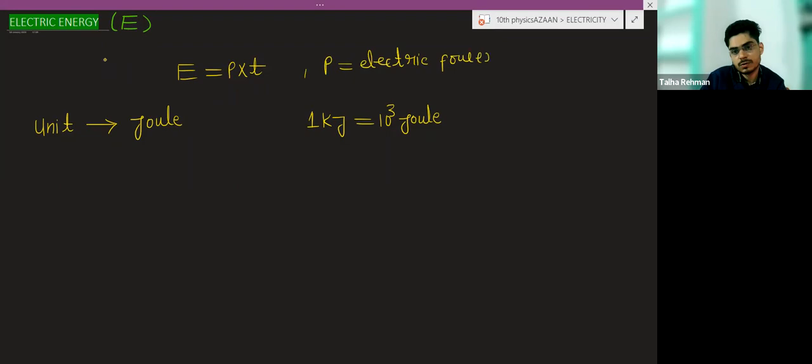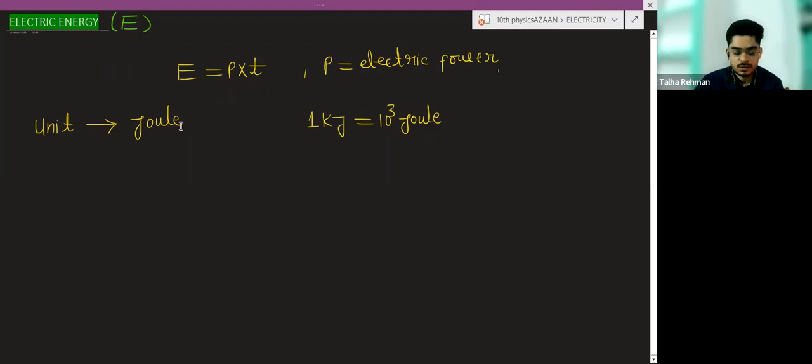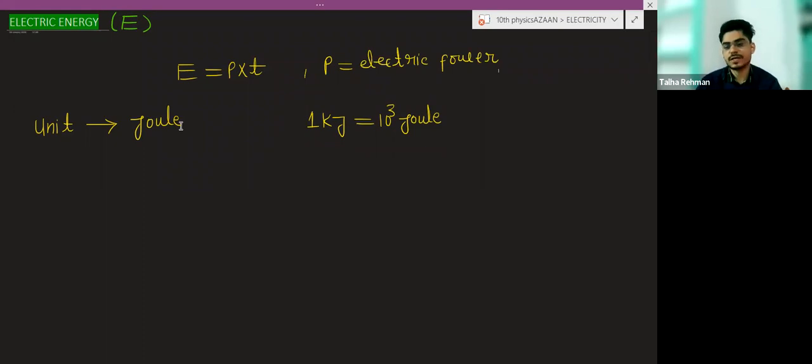Now, one thing is there, commercial unit of electric energy. We know that the SI unit of energy is joule. But in our home, we use a lot of energy, not in joule.